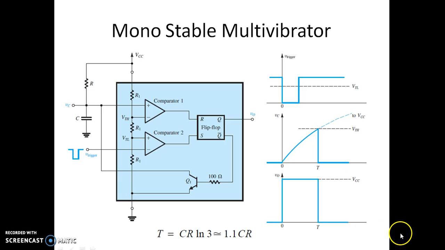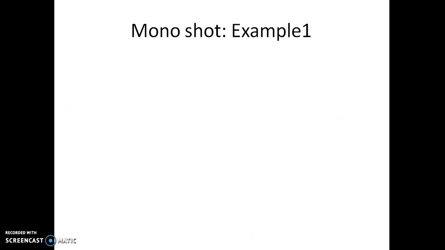This monostable multivibrator will remain in the quasi-stable state of 1 for a time of t, which is defined by the external components R and C, that is 1.1 into C into R. So let us consider a few examples when trigger signals are in different conditions.